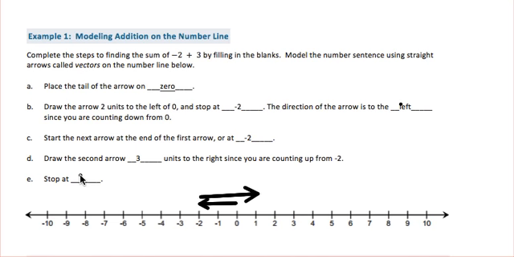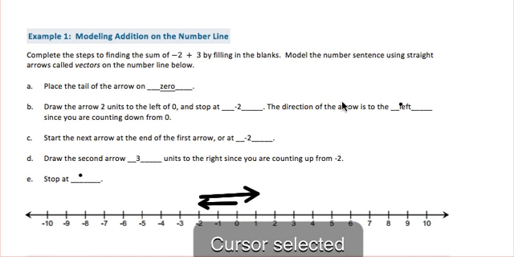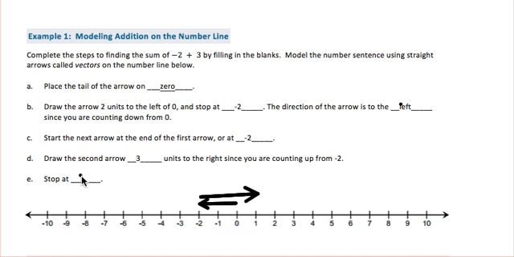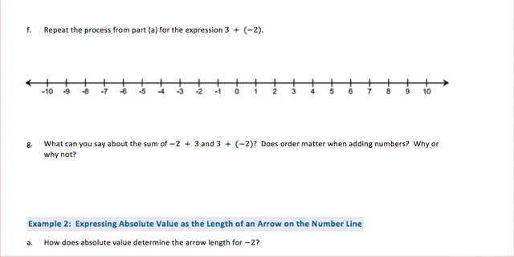And we will stop at 1. We can repeat the process from part A for the expression 3 plus -2. And we find that we end on +1 as well.